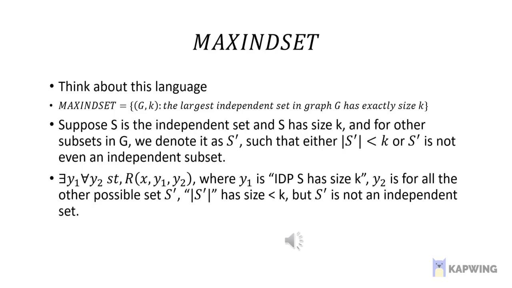To really understand the second level of the polynomial hierarchy, I would like to talk about a language in the second level. It's called maximum independent set.